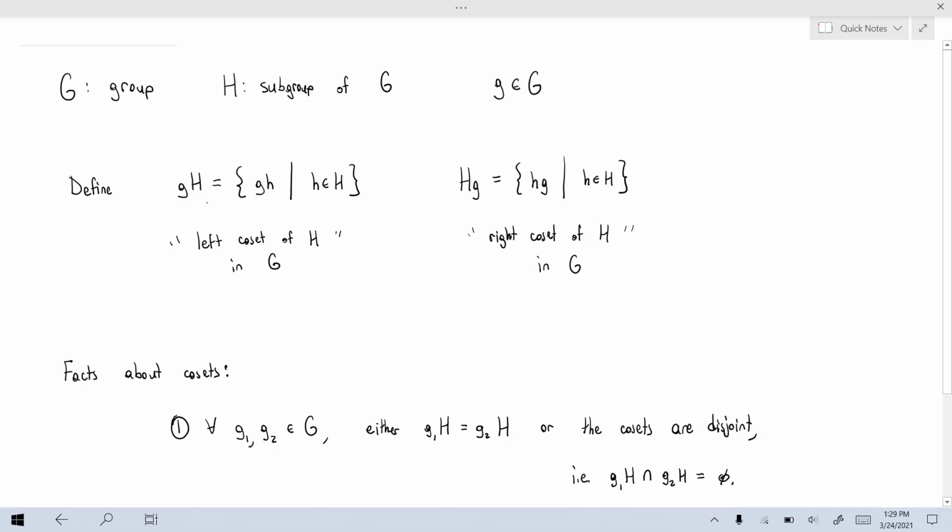So gH is an example of what we call a left coset, a left coset of H in G. Likewise, Hg is an example of a right coset of H in G. So every element of the group will give you a left coset and a right coset just by multiplying H on the left or on the right.